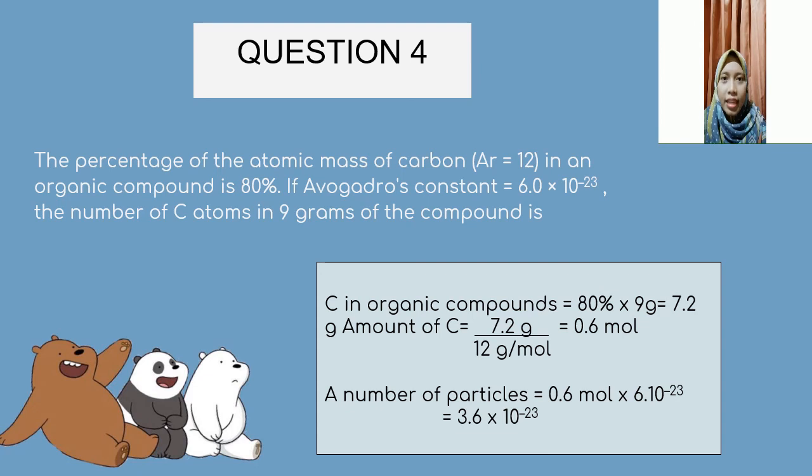The result is 0.6 mole. And the last step, we just multiply the mole of C with the Avogadro number. So 0.6 multiplied by 6 times 10 to the power of 23. The result is 3.6 times 10 to the power of 23. So that's all.